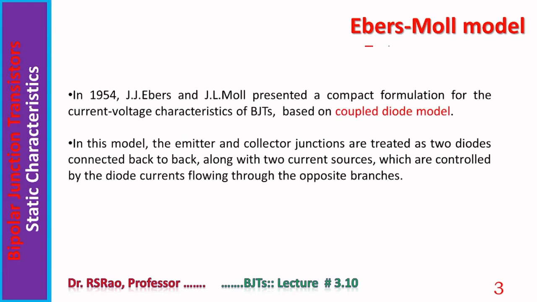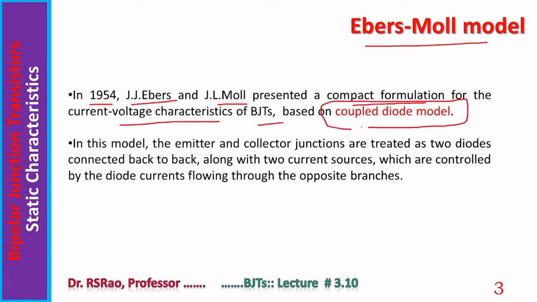Some points regarding the Ebers-Moll model. In 1954, J.J. Ebers and J.L. Moll presented a compact formulation for current voltage characteristics of BJTs based on the coupled diode model. One point to be noted while going further is that equivalent circuits can be divided into several categories.